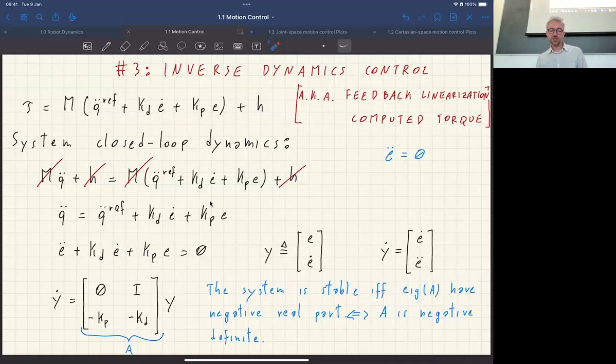However, in practice, this is much less used than the other two control laws we have seen before. Can you guess why? Yeah, you need to know much better the model of the robot. So you need to know the mass matrix, you need to know the Coriolis and centrifugal terms.